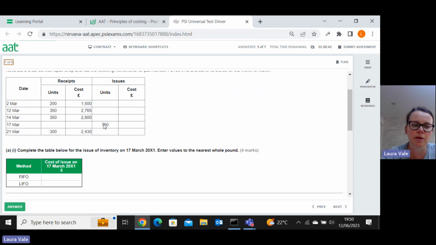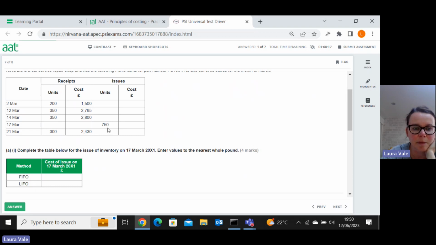We've got an issue halfway through the month. And then after the issue, we've got some more coming in. So complete the table below. We don't have to fill this in, and in fact, it won't let us, so that's obvious. Complete the table below for the issue of inventory on the 17th of March to the nearest whole pound using FIFO and LIFO.